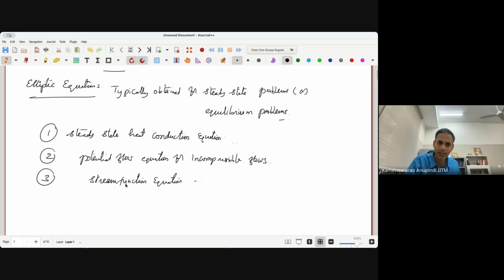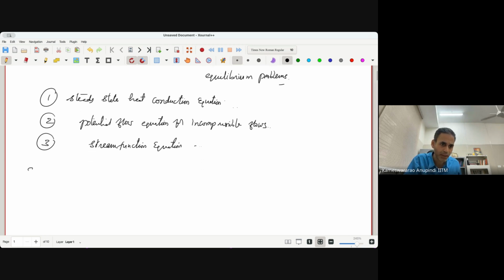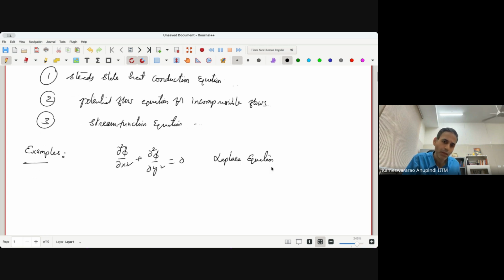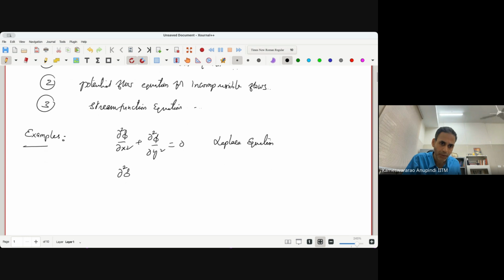We said yesterday that a few examples of these equations are the Laplace equation, that is del square phi by del x square plus del square phi by del y square equals 0. Similarly, you have the Poisson's equation, del square phi by del x square plus del square phi by del y square equals some function of x, y.